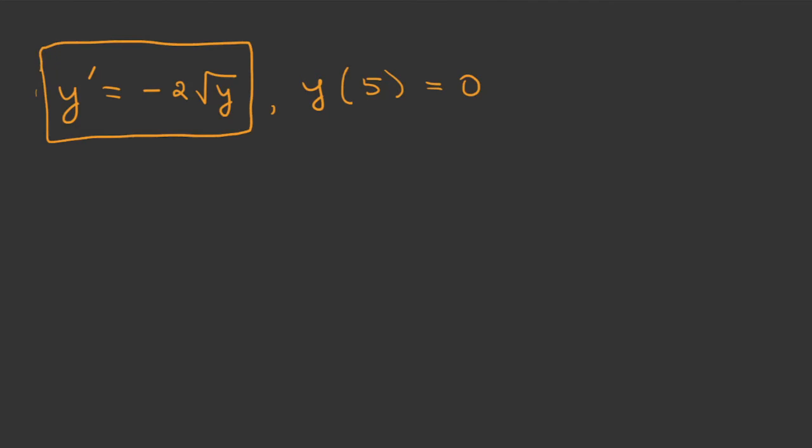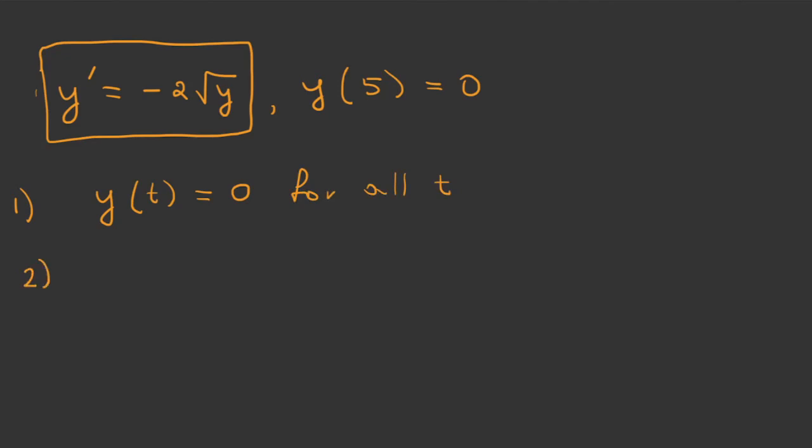So one way in which this could have occurred is that our point has been at the equilibrium position indefinitely from the start, and it didn't move at all. That is our constant solution, y of t equals 0 for all t. So that's one possibility. There are also other possibilities.